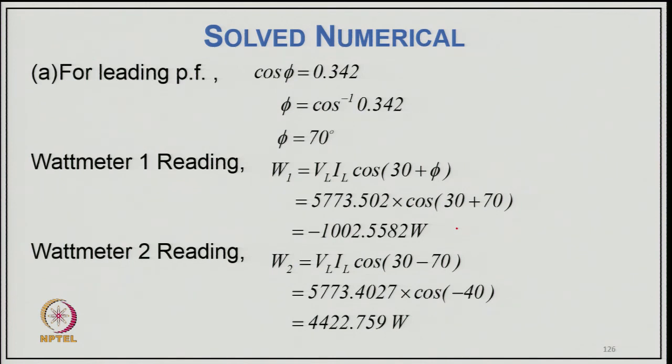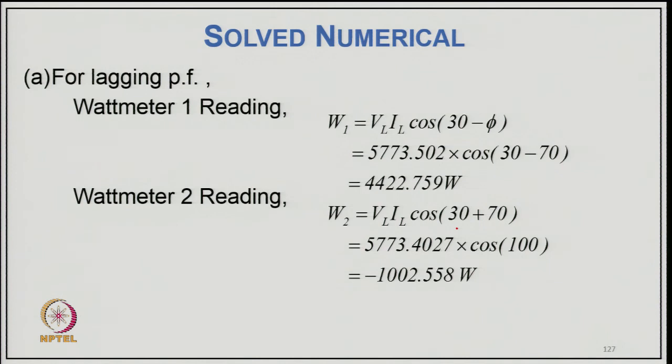So wattmeter 1 reading will be W1 equals VL IL cos(30 plus phi), that is 5773.502 into cos(30 plus 70), that is minus 1002.558. And wattmeter 2 will be W2 equals VL IL cos(30 minus 70), that is 5773.502 cos(minus 40), that is 4422.759.